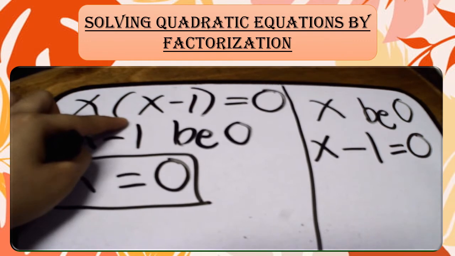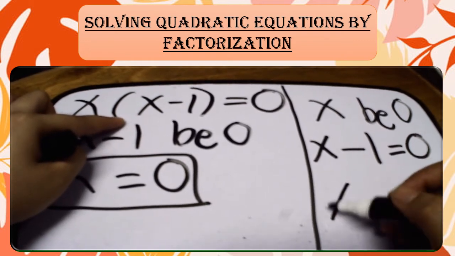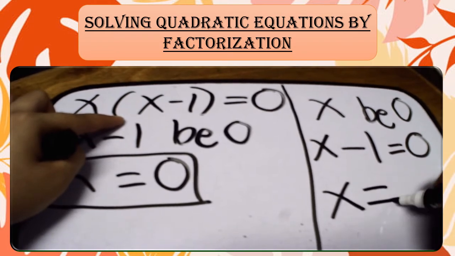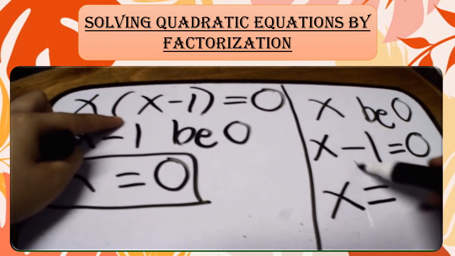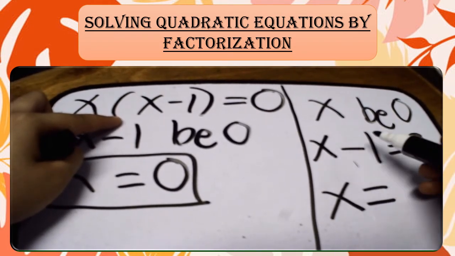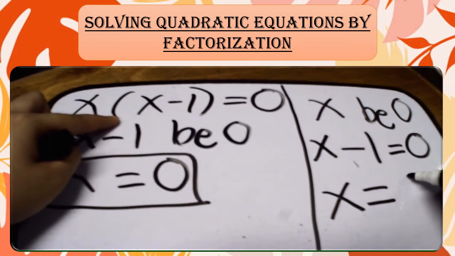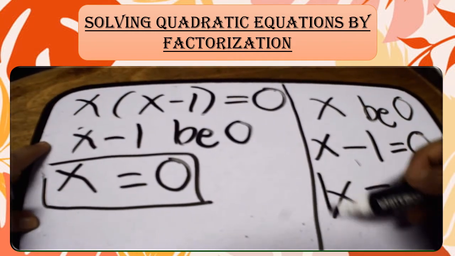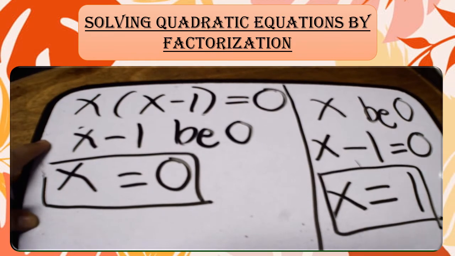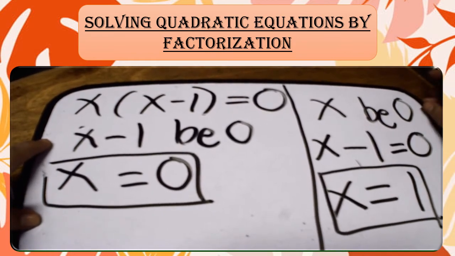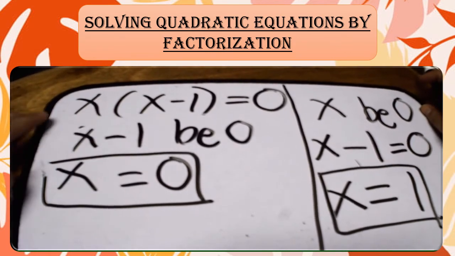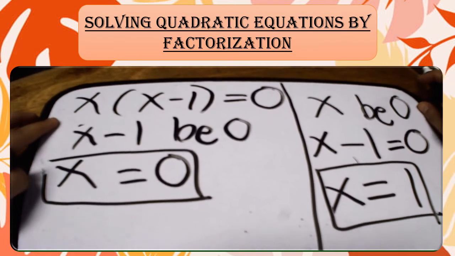Again, we need to transpose negative 1. If we transpose negative 1, it will change into positive 1. So the values of x are 0 and positive 1.